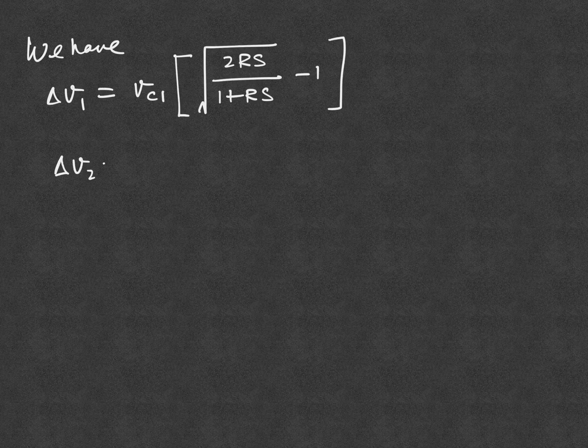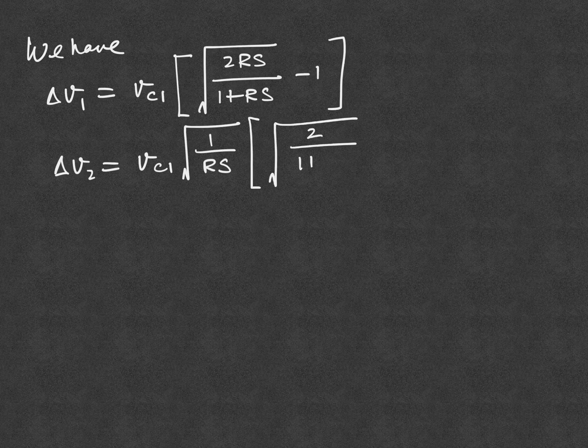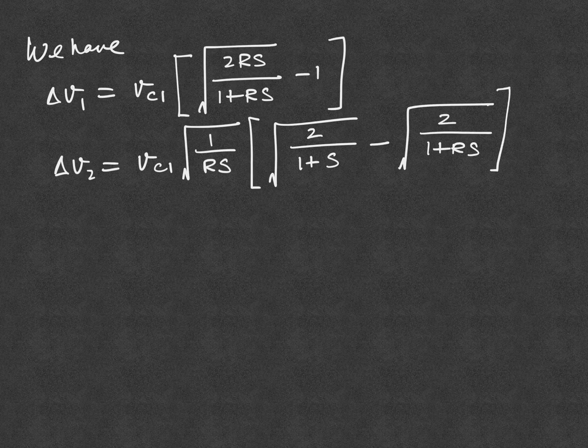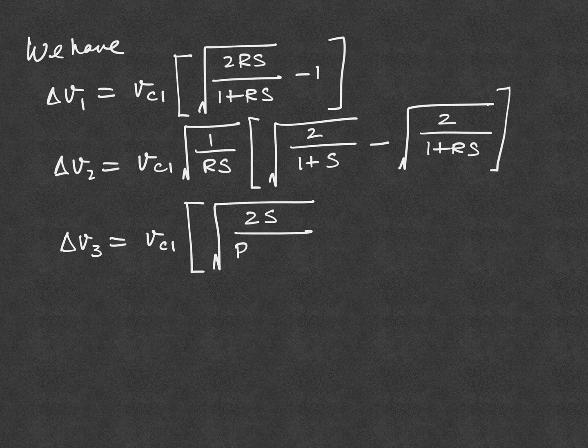Delta V2 is equal to VC1 times the square root of 1 over RS times the square root of 2 over 1 plus S minus the square root of 2 over 1 plus RS. And finally, delta V3 is equal to VC1 times the square root of 2S all divided by R plus RS minus the square root of 1 over R.